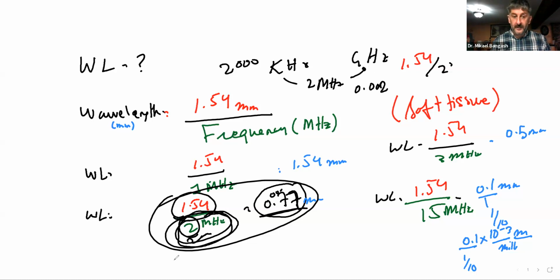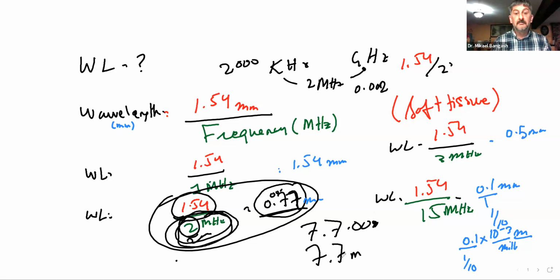So if you put just that and divide 1.54 by 0.002, then you're going to get, no, sorry, 7,700 millimeters, which means that the wavelength is 7.7 meters.